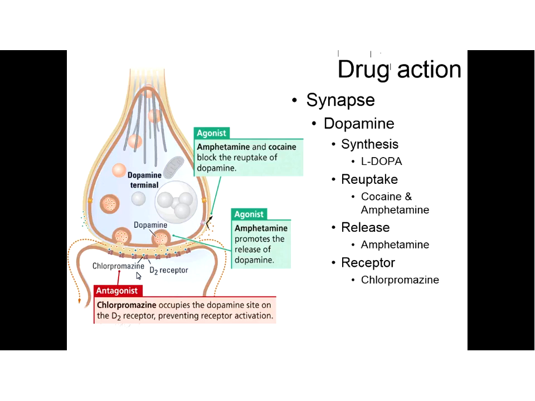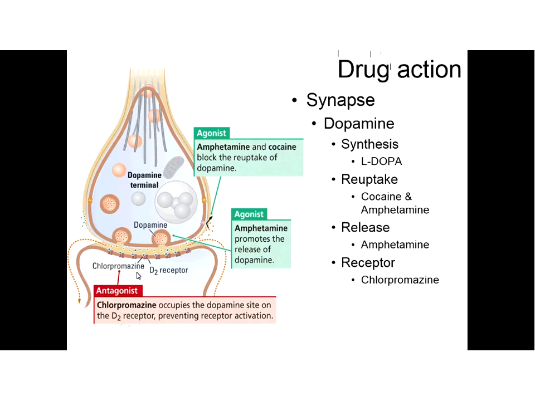And by giving L-DOPA, you can increase the amount of dopamine available. And what we've seen is that that can have temporary effects of alleviating some of those symptoms associated with Parkinson's disease. So L-DOPA would be an agonist. It's helping in the synthesis, or that biochemical pathway in the synthesis of dopamine.